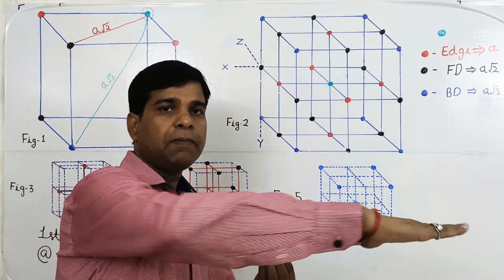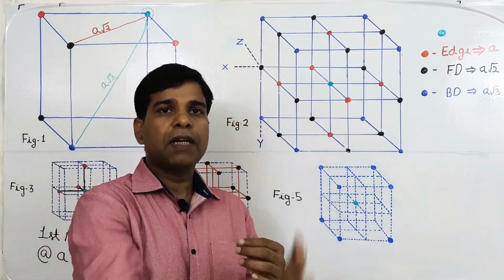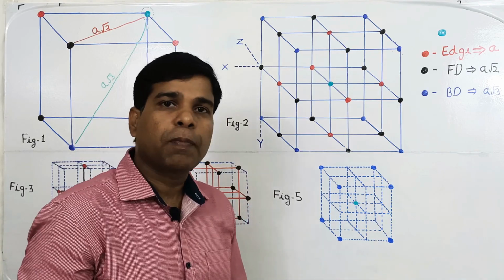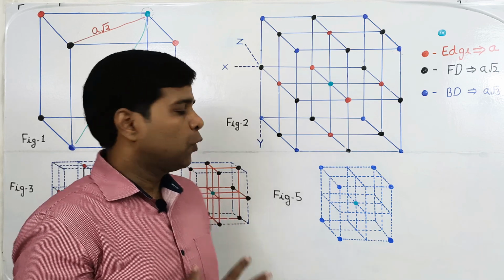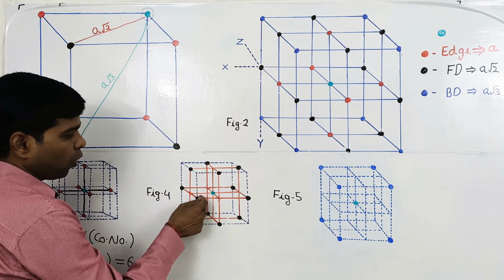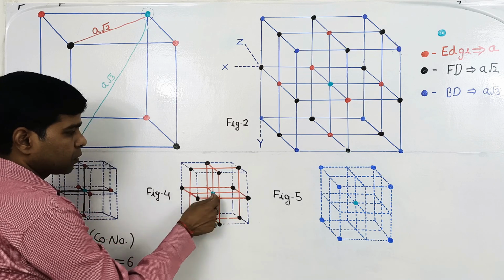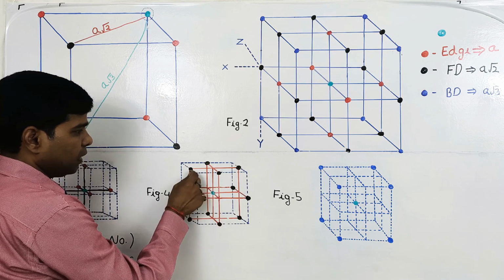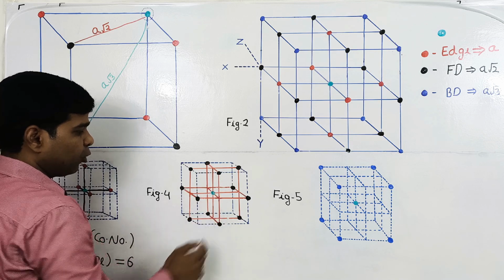So in the xz plane 4 particles, in the xy plane 4 particles, in the yz plane again we have 4 particles. So a total of 4 particles each becomes 12. So the second nearest neighbors are 12 particles. Again 1, 2, 3, 4, 5, 6, 7, 8, 9, 10, 11 and 12.